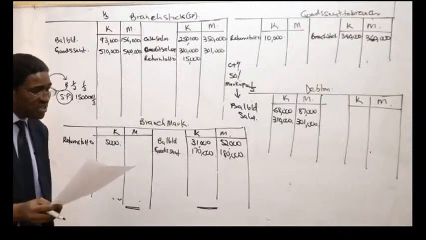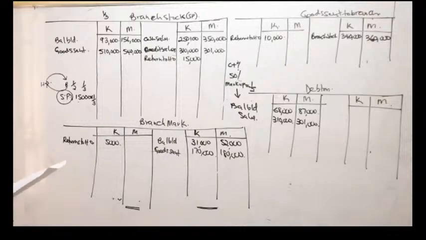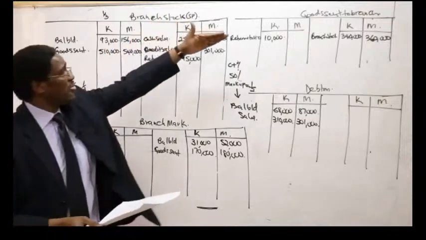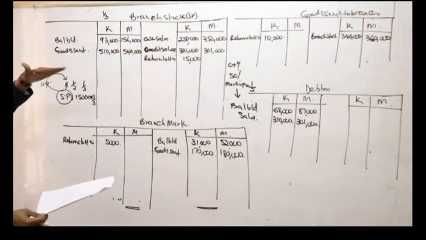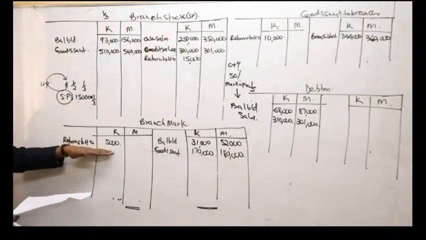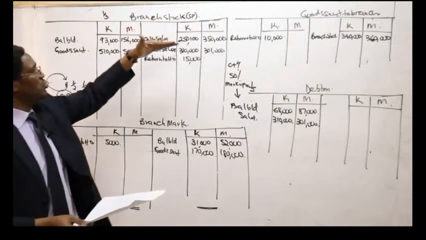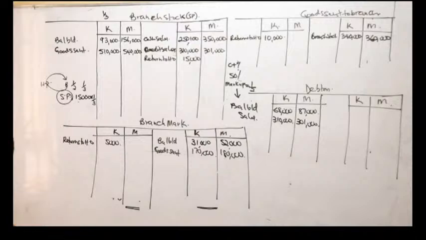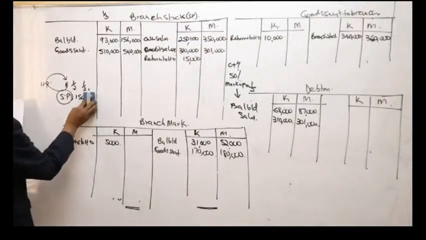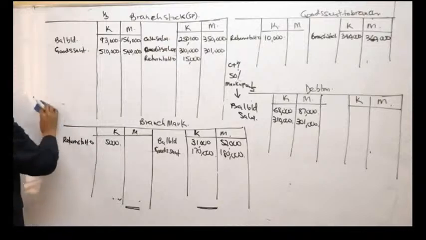The double entry we have agreed is you debit goods sent to branch at cost price, debit branch markup with the profit loading, and we say you credit branch stock at selling price. Next entry talks about cash collected from debtors. That's not a big deal.